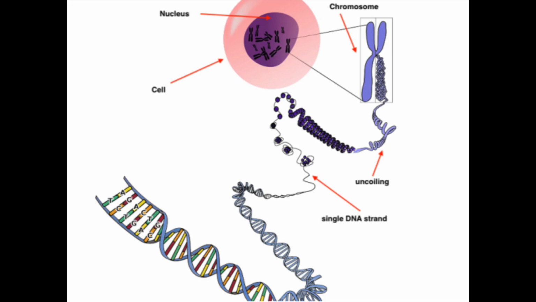This is a very typical model at the time that video was made, where you see the pink part at the upper part is the cell itself, which includes that purple region, the nucleus, and then within the nucleus are chromosomes, and then you'll notice they magnify that chromosome in this model, and you can see that one of the arms of the chromosome, which has been duplicated, begins to unravel or uncoil, as it says here on the diagram, into a single DNA strand.